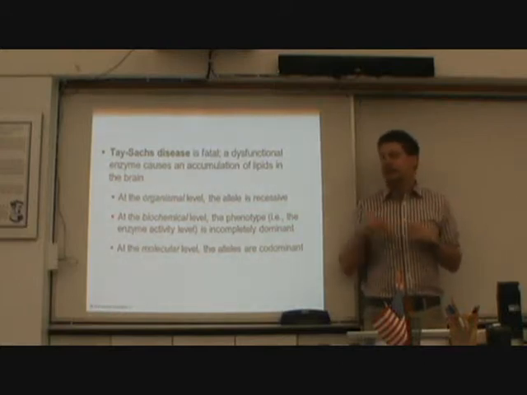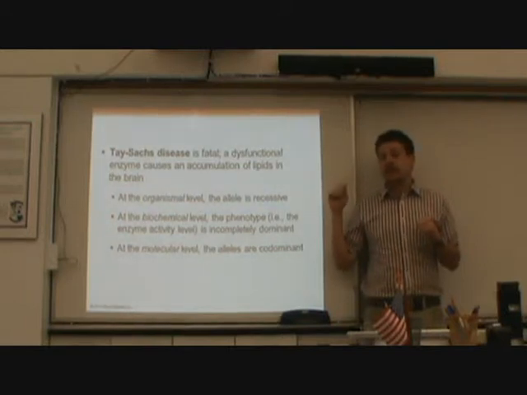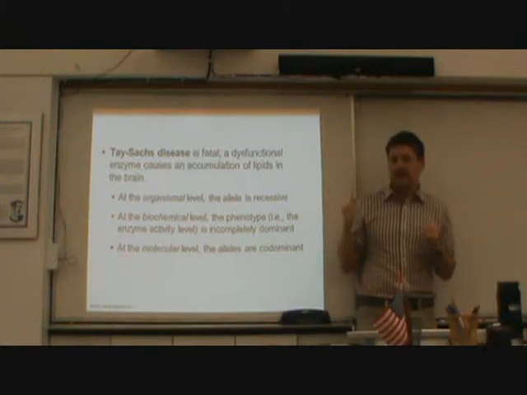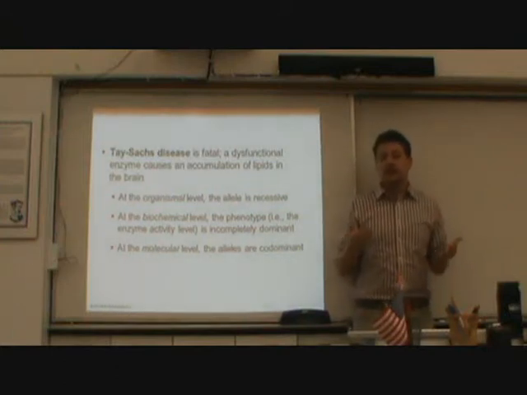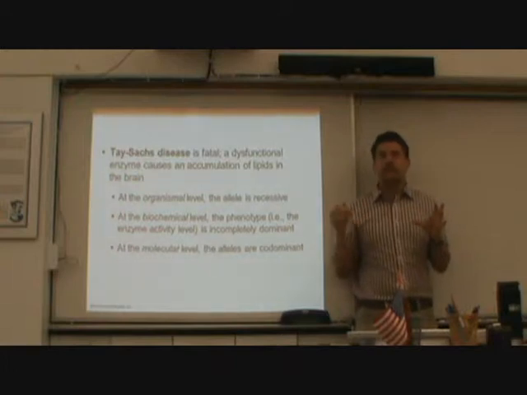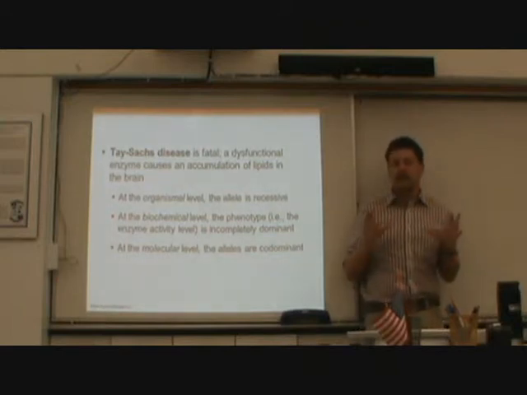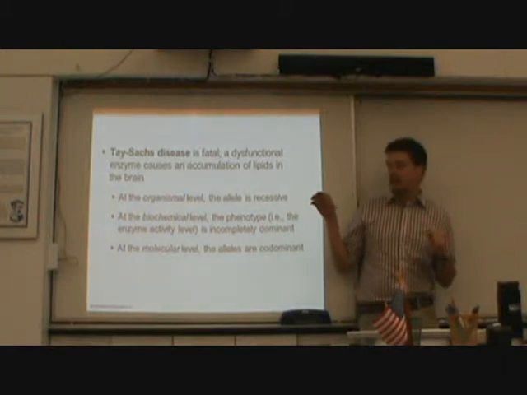individuals that are heterozygous for Tay-Sachs disease don't have Tay-Sachs disease, but they have one of each allele. They have lower enzyme activity, if you're looking at the biochemistry of their brain. There's lower enzyme activity than you would see in a homozygous dominant individual.